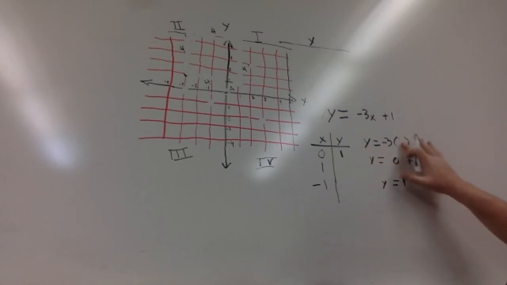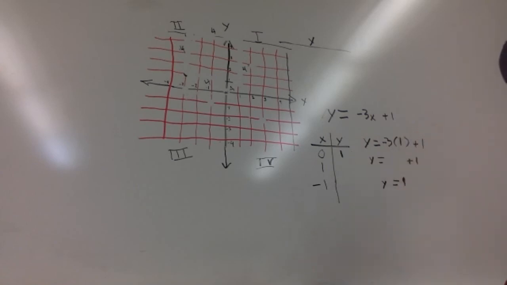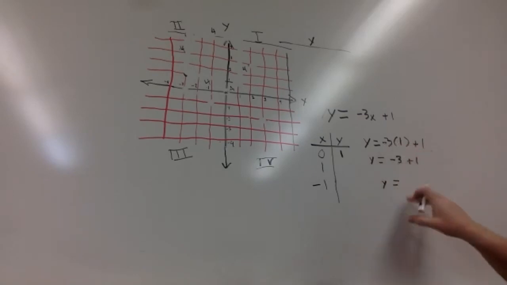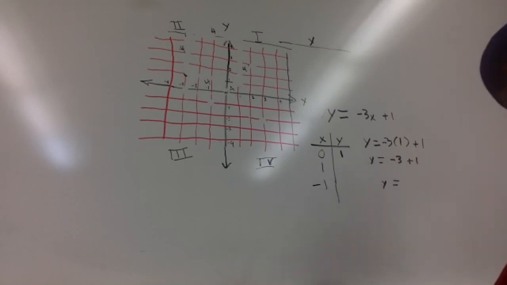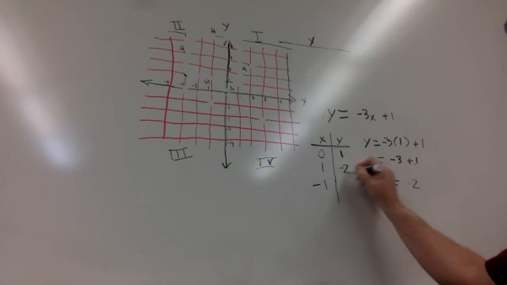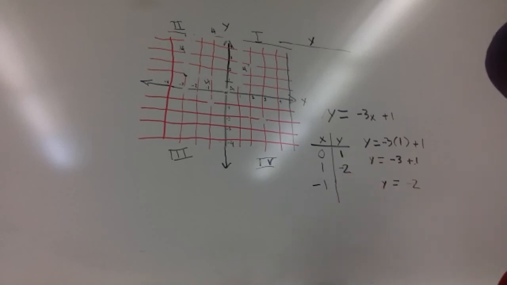Now I go back through, change this to a 1. Now I do negative 3 times 1 gives me negative 3. Now I have to remember my integer rules, okay? Negative 3 plus a positive 1, the answer should be negative 2. So that's my second ordered pair.